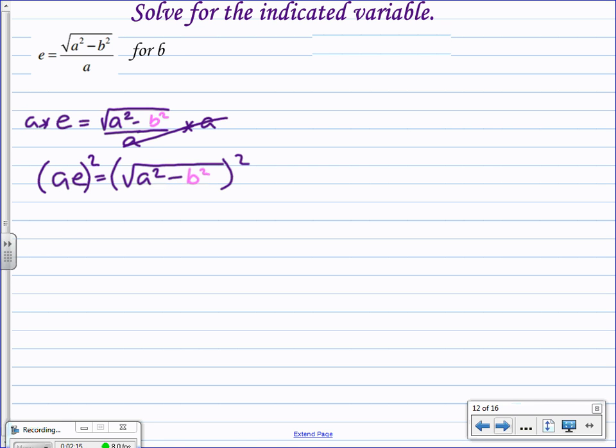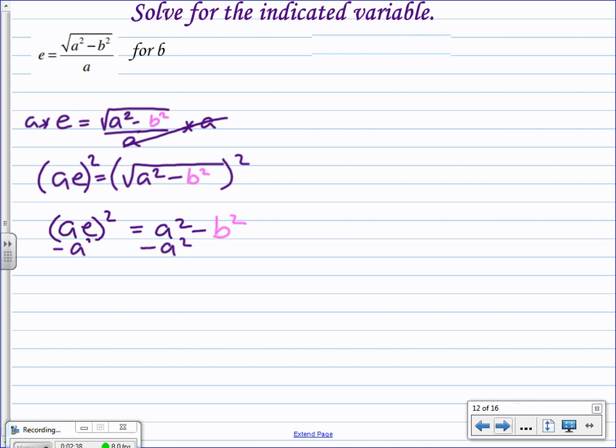So I have a e squared equals a squared minus b squared. Okay? Want to get b by itself, so I'm going to subtract a squared.